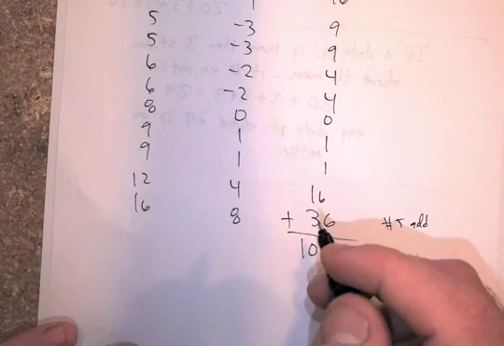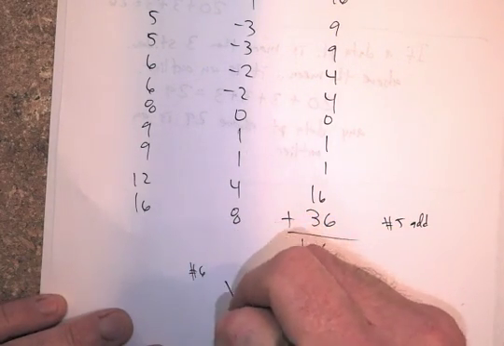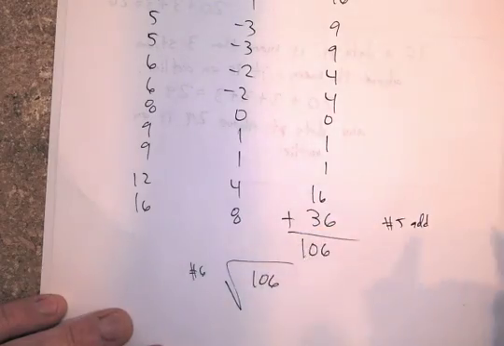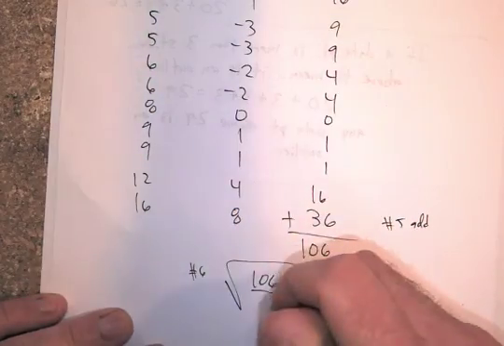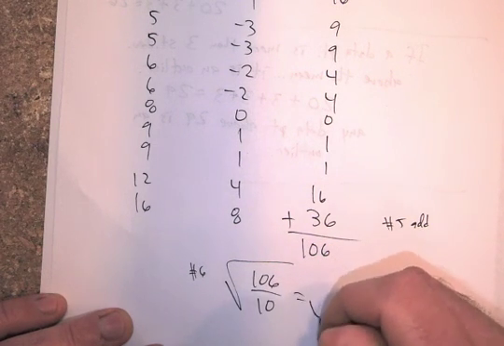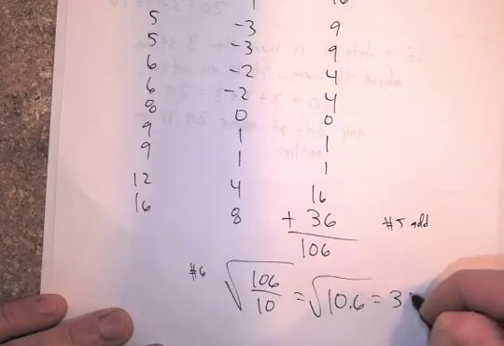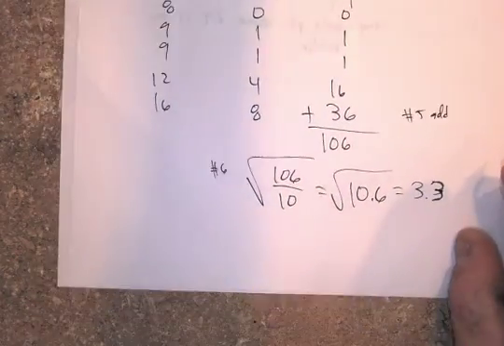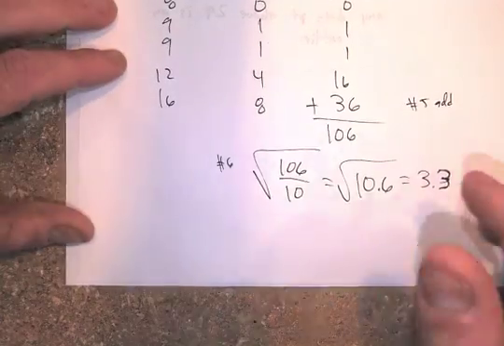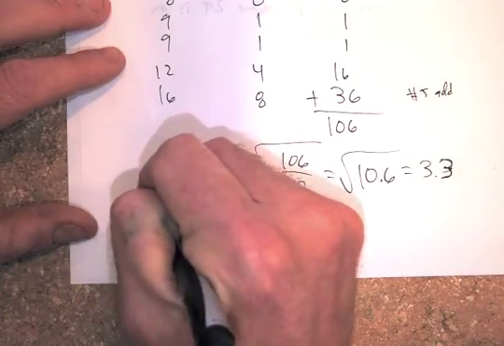And then our last step was, remember, we divided by how many data points there were and took a square root. So 106 divided by 10 data points and square root it. So square root of 10.6, I got 3.3. Okay, so the question is, what data is within 1 standard deviation of the mean? Okay, so our mean is 8.